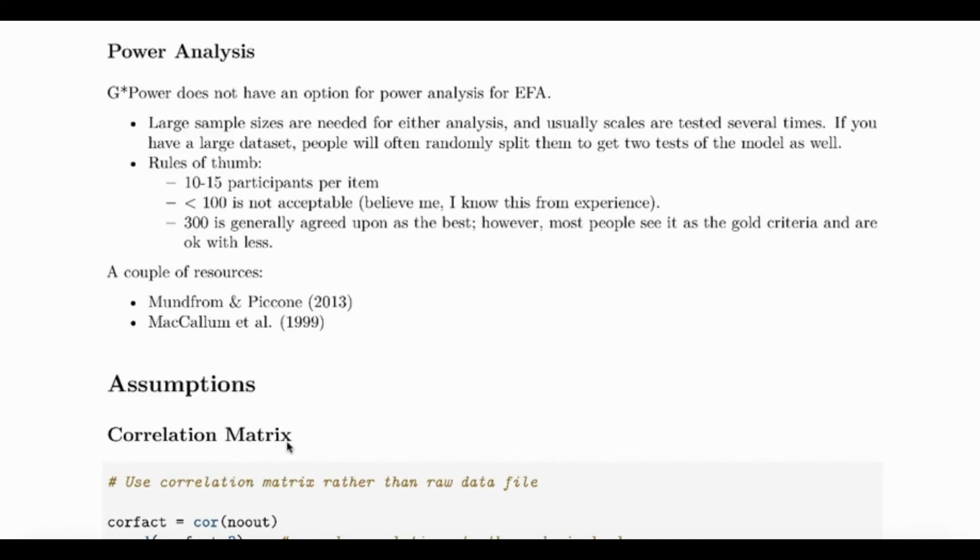In general, anything less than 100 participants is not acceptable, and it's going to give you unstable solutions, and it's probably not going to get published either. Ideally, you would have north of 300 participants to run the EFA. And here I listed a couple of resources of research on the best combination of number of participants and number of variables for your EFA.